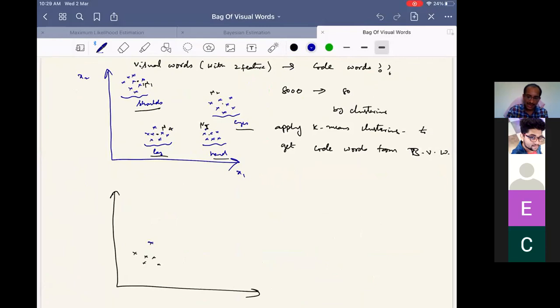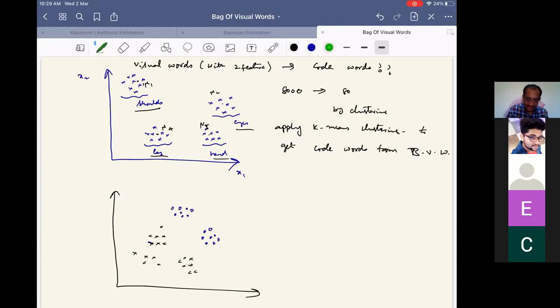Assume that these are all the class 1 samples. Then the class 2 samples also have visual words somewhere here. For class 2, I know the labels because this is a supervised classification problem. I'm sketching with a different color.